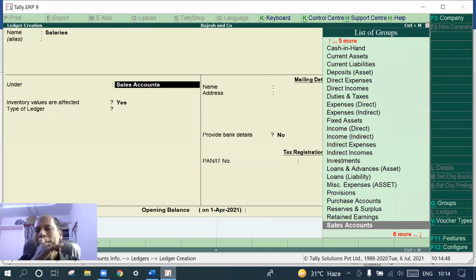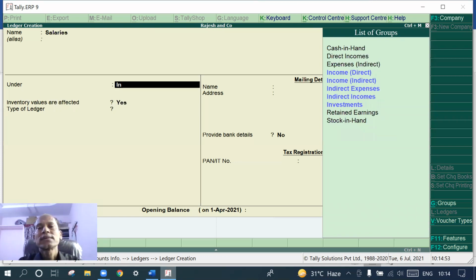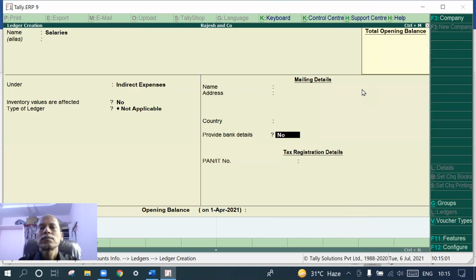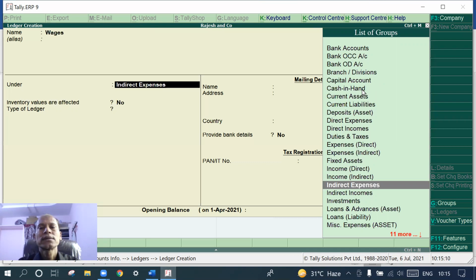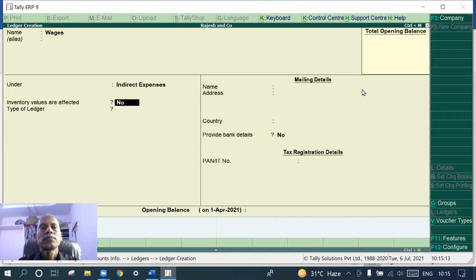Next, what is this? Salaries. So indirect expenses. Next, wages, also indirect expenses. Next, interest received.